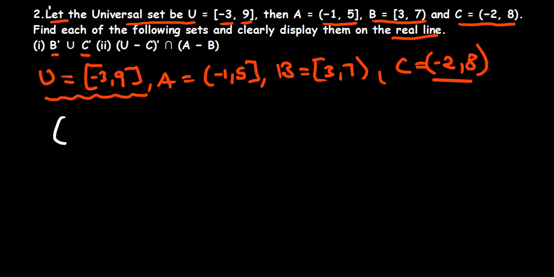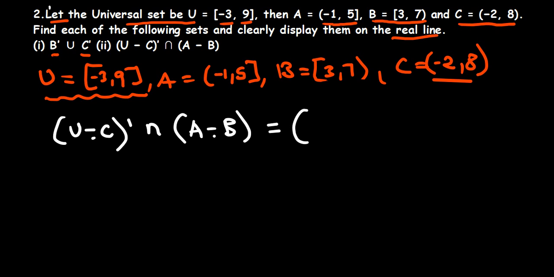So we have the universal set minus C complement intersection A minus B. Before you even draw this set on the number line, always try to simplify whatever we have. We know those two minus signs can be written as something else. So this is union.